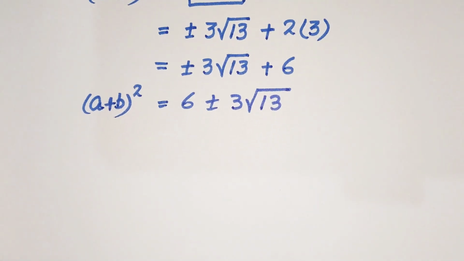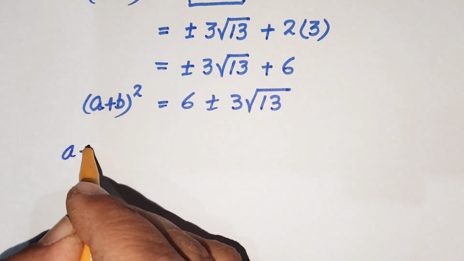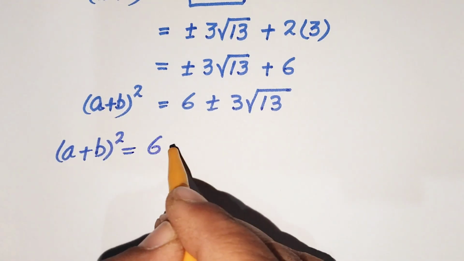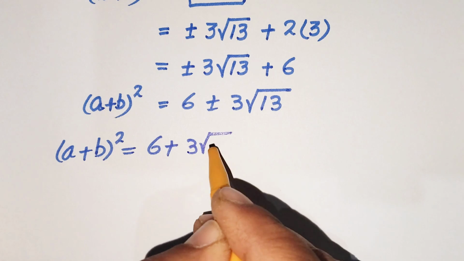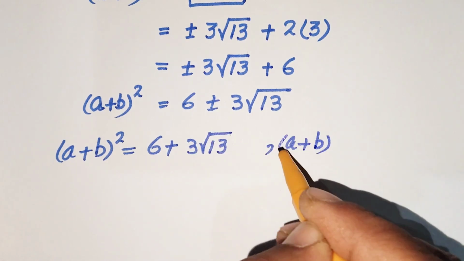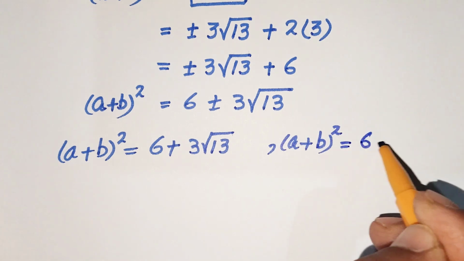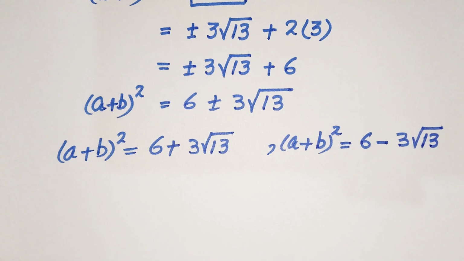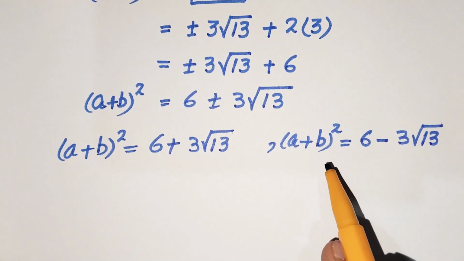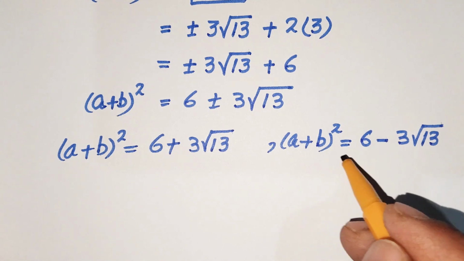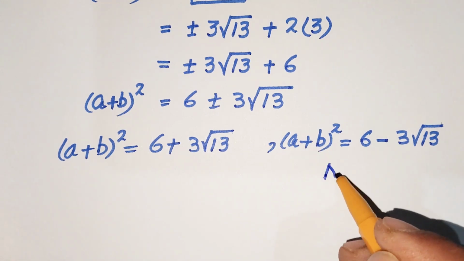So now here we have two values of a plus b whole squared. So a plus b whole squared is equal to 6 plus 3 times square root of 13, and the other value is a plus b whole squared is equal to 6 minus 3 times square root of 13. When we see this value here, we have a negative value, so we find that the value of a plus b is not real.